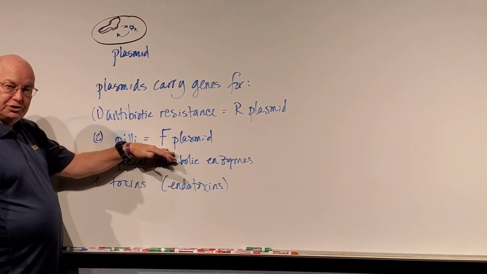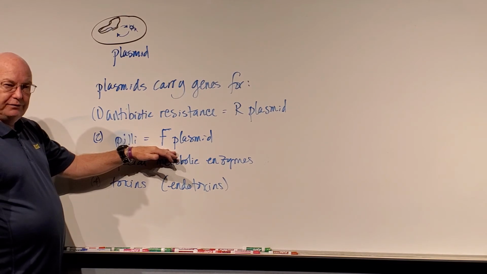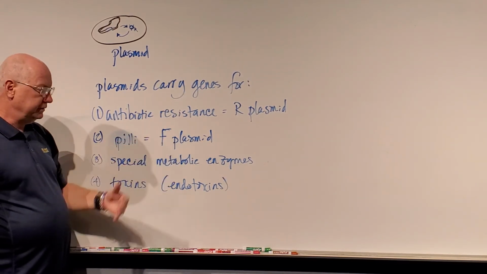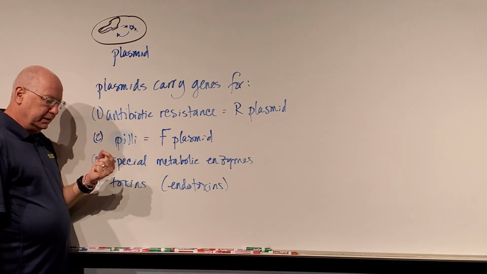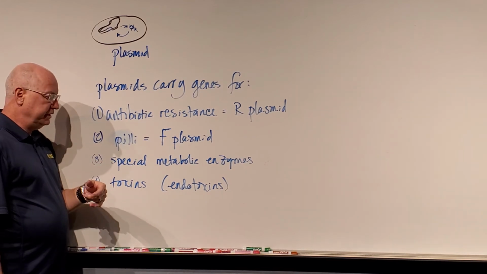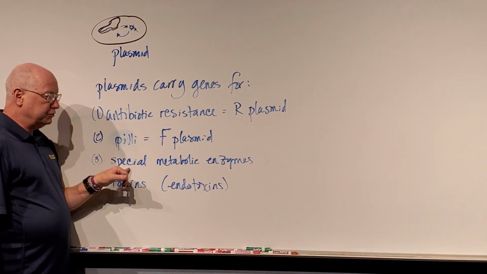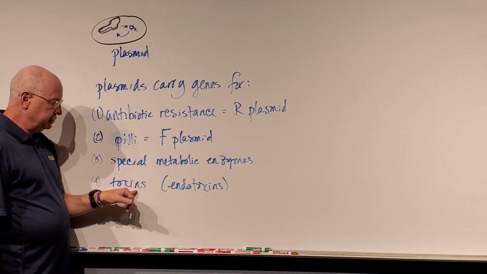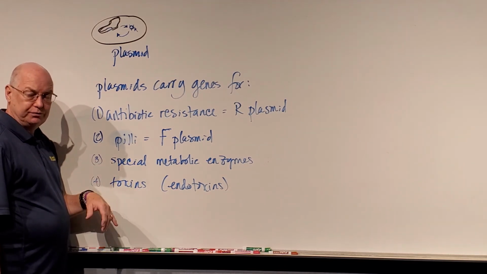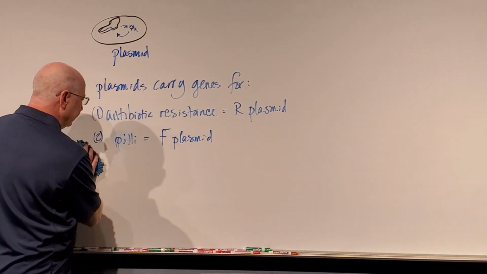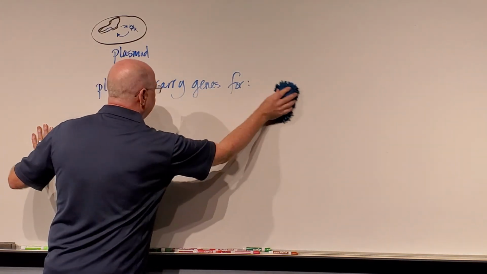For a conjugation of the fertility genes, called the F plasmid, allows them to form pili and transfer DNA to what we call an F negative bacteria and transform it. We have special metabolic enzymes that can be produced only under special conditions, or certain toxins can be produced from time to time.